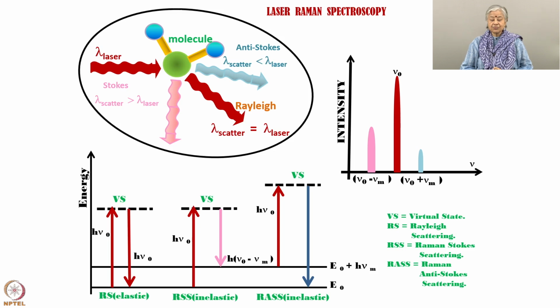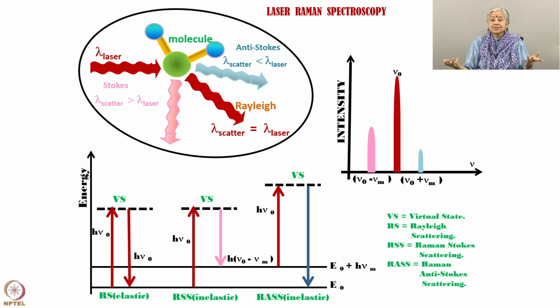See, people have done it with ordinary light long ago. They have used sodium lamp and such things which have only one frequency, and then they have been able to detect that. But it is a very difficult process, it is not so easy. But the moment laser came into the picture, the intensity of this line and this line just increased instantly.